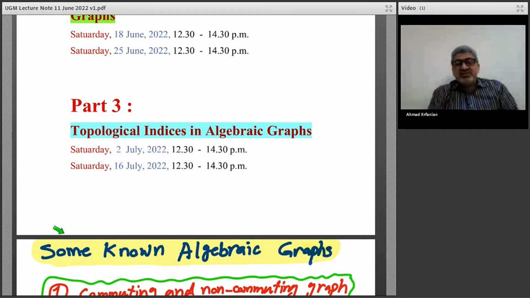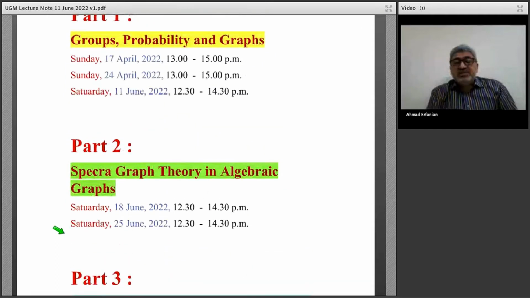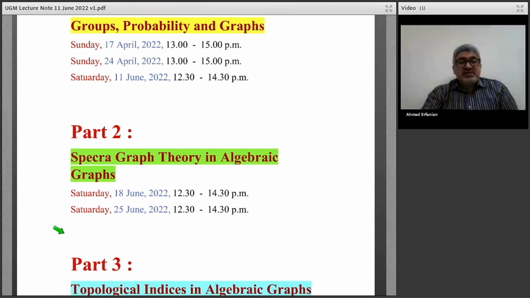As I mentioned in the first lecture on 17th of April, we are going to combine algebraic structures and graphs. So algebraic graphs are a combination of 2 concepts, graph and algebra.